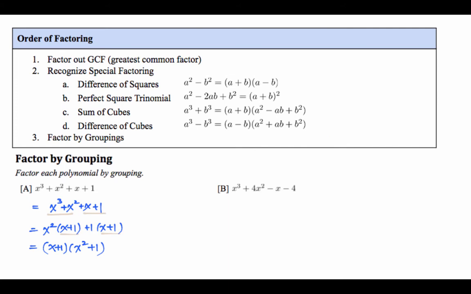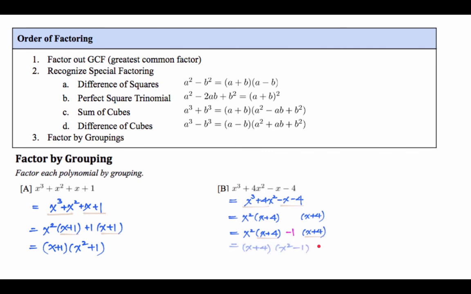Let's look at B. Once again, the first two and the last two should work. What's common to the first two? If you said x squared, that's wonderful. Now, chances are x plus 4 is the factor common to both, so I want to have x plus 4 here, but it's not. So what do you have to factor out from here to have x plus 4? If you said minus 1, great job. And now we have to factor out the x plus 4 from both sides.